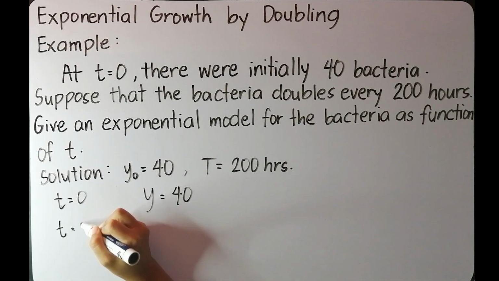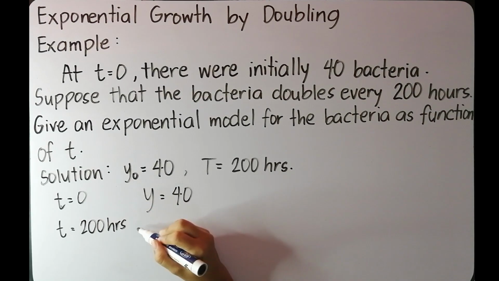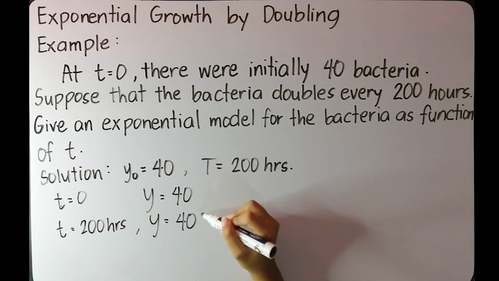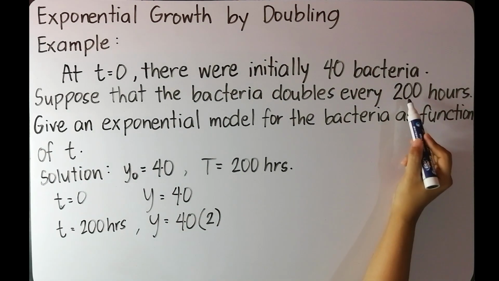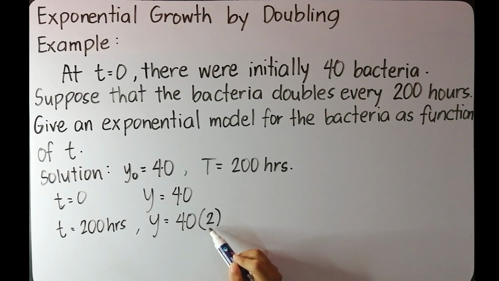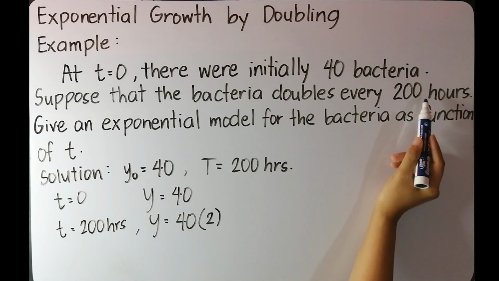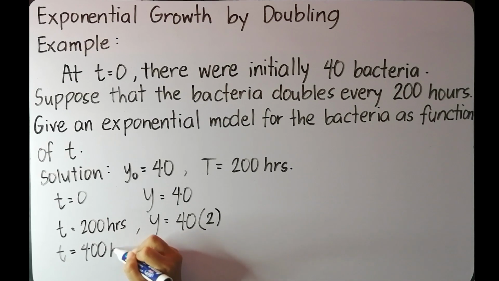So at 200 hours, we have y equals 40 times 2, because it says here that your bacteria will double. That means you should multiply it by 2, when your time is 200 hours. So what if the time doubles also? We have 200 times 2, that is 400 hours.